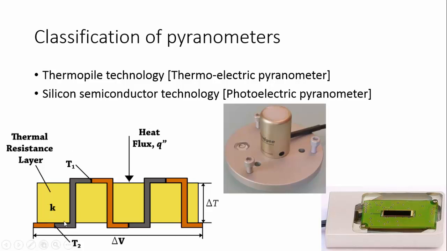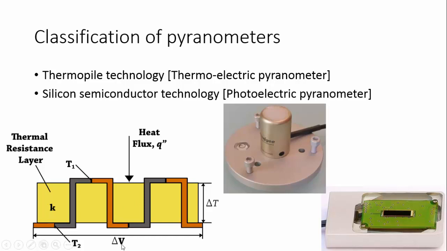As there is a difference in temperature, based on the Seebeck effect, a voltage will be generated. That voltage can be measured here. Here we can see del V. Del V is the change in voltage.